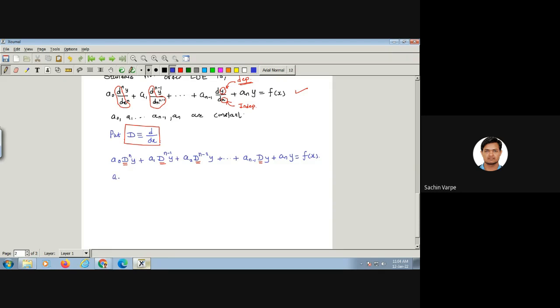So I can write this as (a0 Dⁿ + a1 Dⁿ⁻¹ + a2 Dⁿ⁻² + and so on + a(n-1) D + an), the whole times y, is equal to the function of x. If you look at this bracketed quantity, this is a polynomial in D. Yes or no?